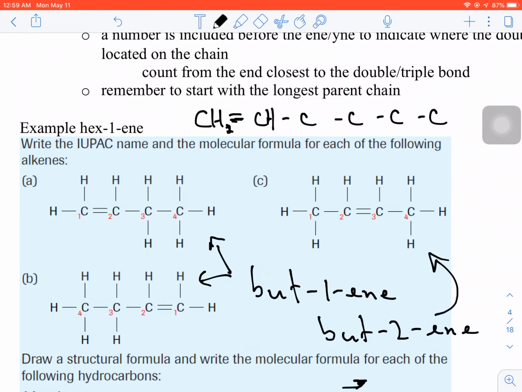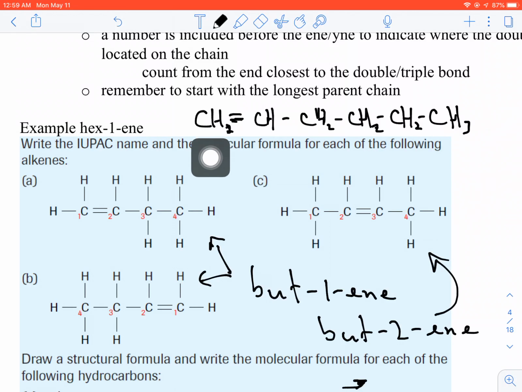Because it's got 2 bonds, 2 electrons being used to bond to the first carbon, 1 electron being used to bond to the next carbon, so it's got an electron left, it's going to bond to hydrogen. This one here, CH2. This one here, CH2. This one here, CH2. And then my terminal carbon on this side, CH3.